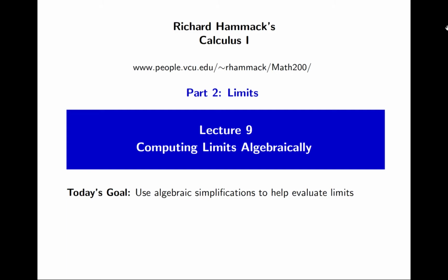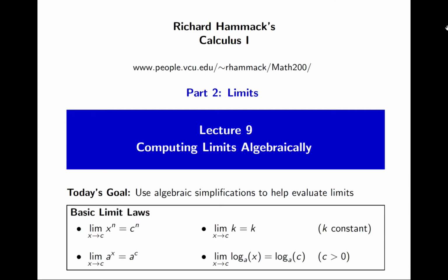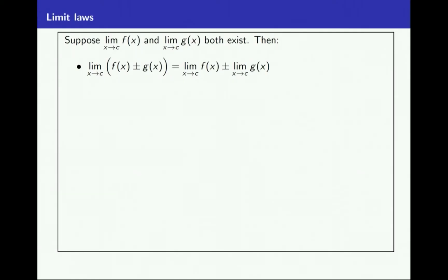Let's start by reviewing our limit laws. You've had some experience now with these basic limit laws outlined here. We had further limit laws, and for the ones on this page, the setup is as follows.